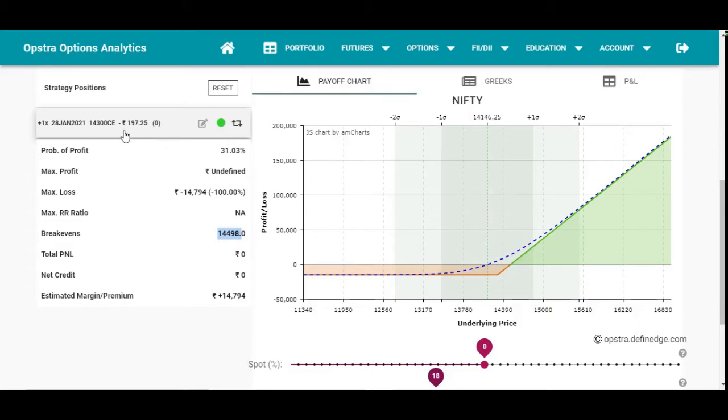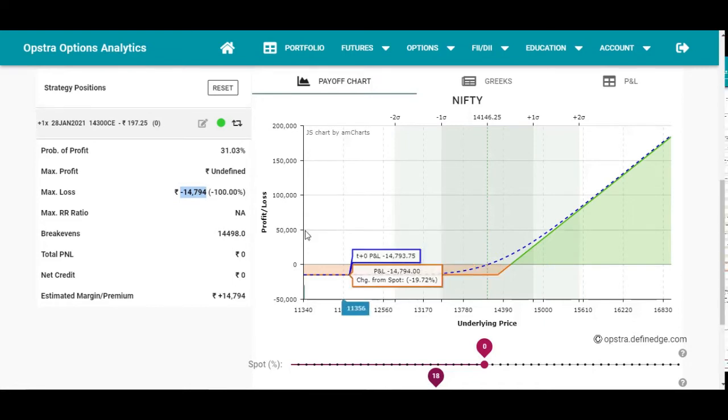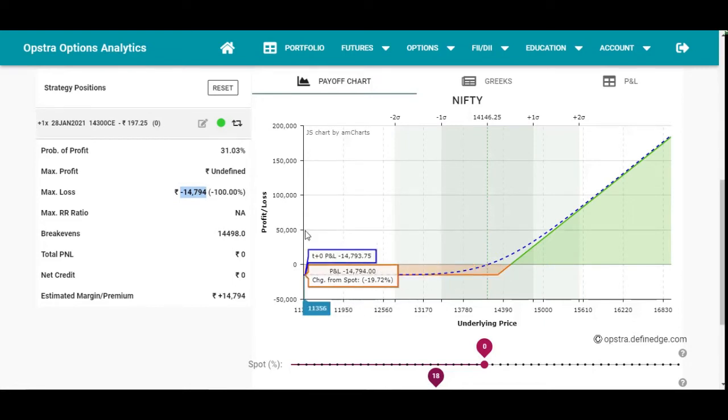The trader is already spending around 200 rupees, so he is entering this call option at 197 into 75, which is the lot size of this particular option. So he will be paying 14,794 rupees to buy this call option, assuming that the market is going to move up.